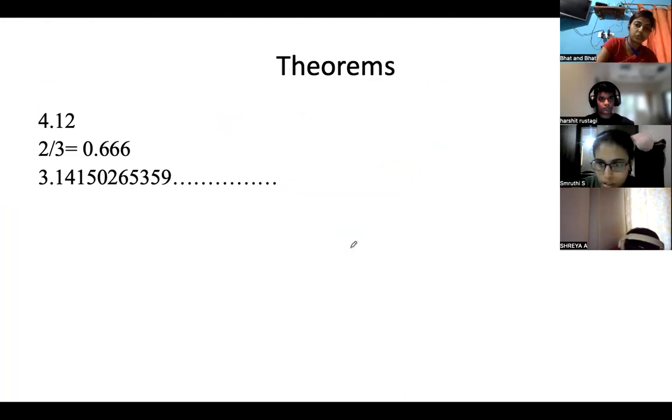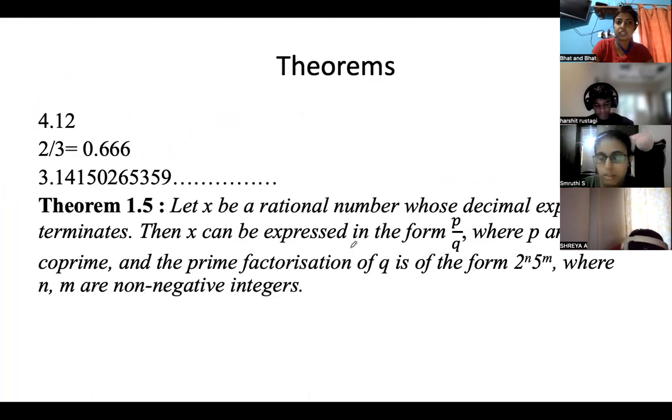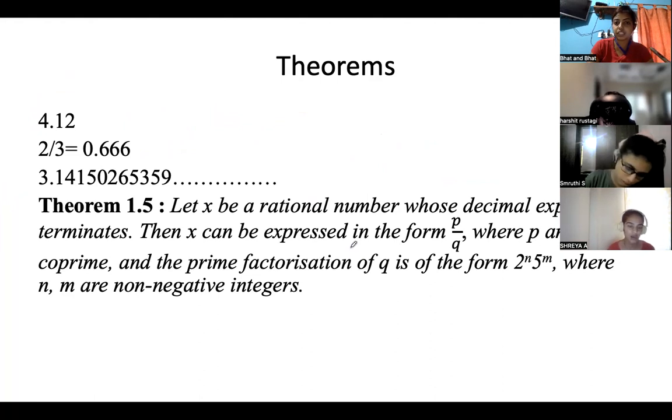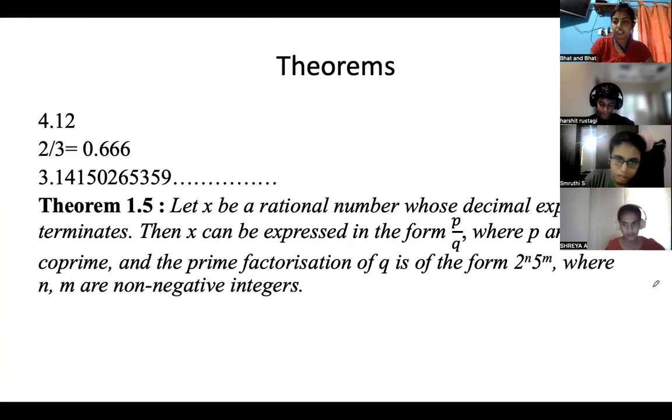So now let us go to the 3 theorems. Theorem 5.1, what does it say? Let x be a rational number whose decimal expansion terminates.